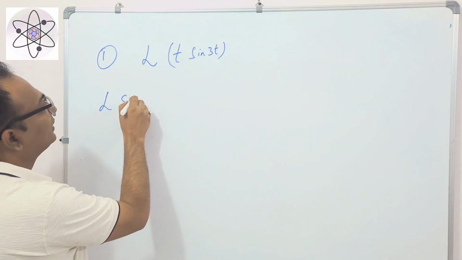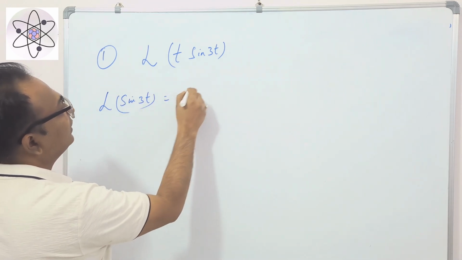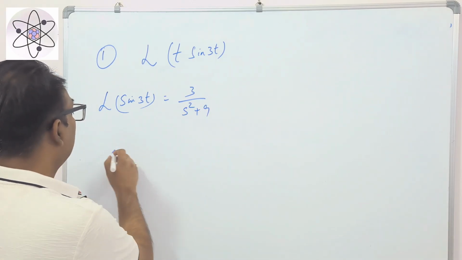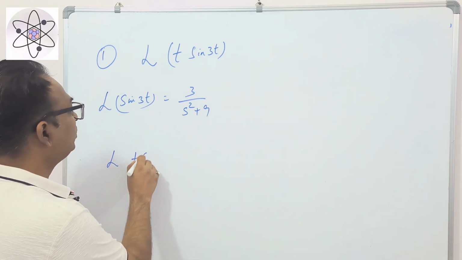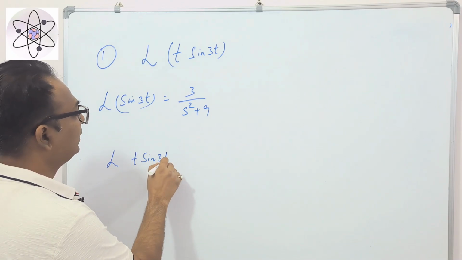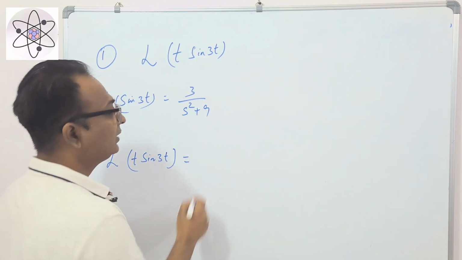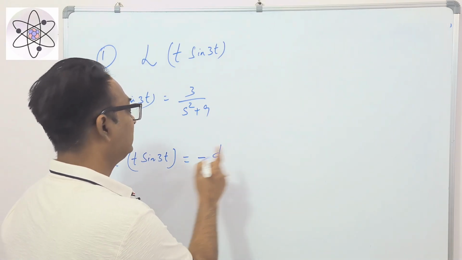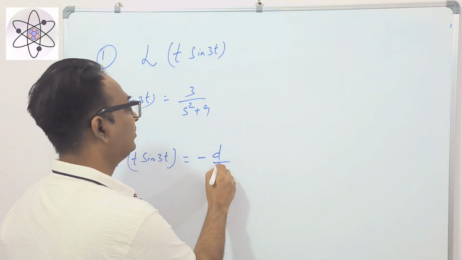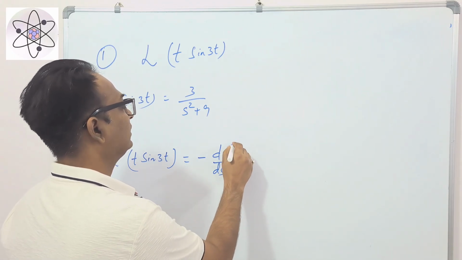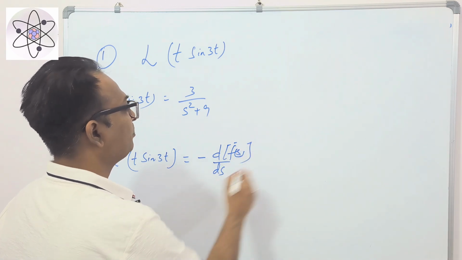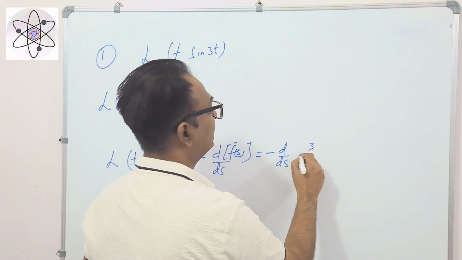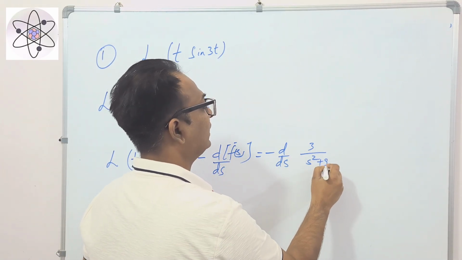We know that the Laplace transform of sin 3t is 3 by s square plus 3 square, that is 9, and the Laplace transform of t into sin 3t will be minus 1 to the power n, n is 1, so this will be minus the first derivative, d by ds of F(s), that is minus d by ds of 3 by s square plus 9.